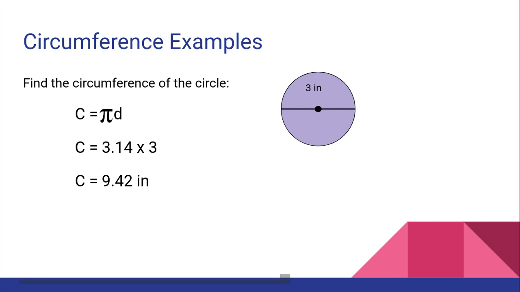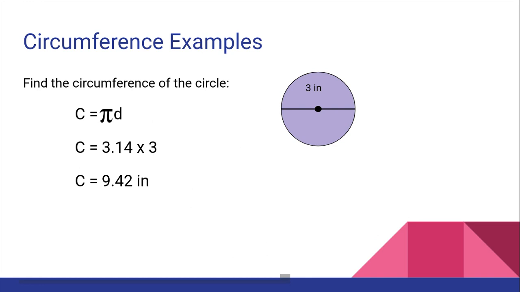We know that pi is 3.14. We're going to memorize that. So we're simply going to do 3.14 times 3. You can put that in your calculator. You can also just multiply it out. And you would get that the circumference equals 9.42 inches.